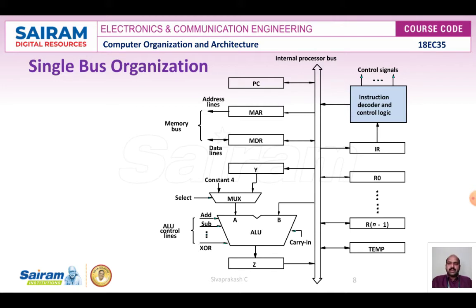Here, the control lines of the memory bus are connected to the instruction decoder and control logic block. This unit is responsible for issuing the signals that control the operation of all the units inside the processor and for interacting with the memory through the memory bus.